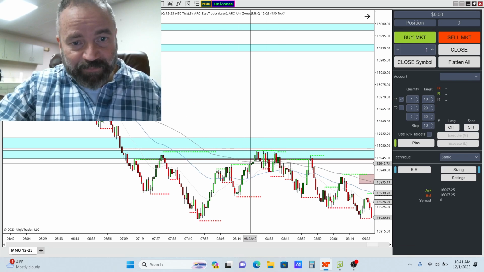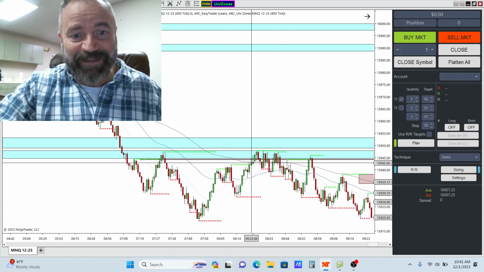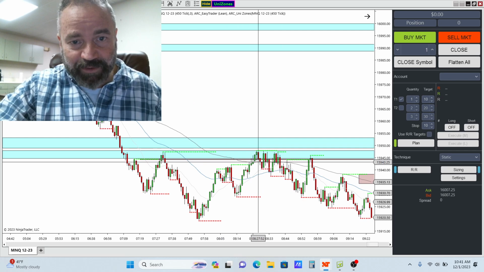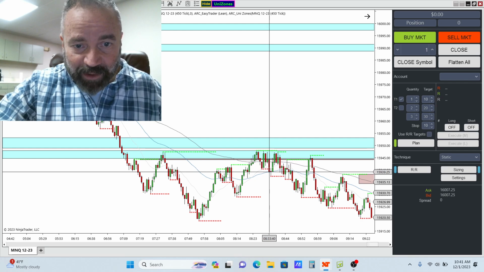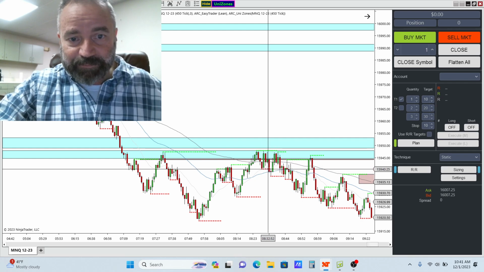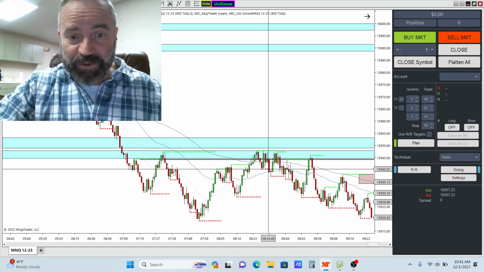I would wait for it to go back up to this 100 EMA and tap that, which it does here. And then I would look for it to break below a swing point, which it did right here.